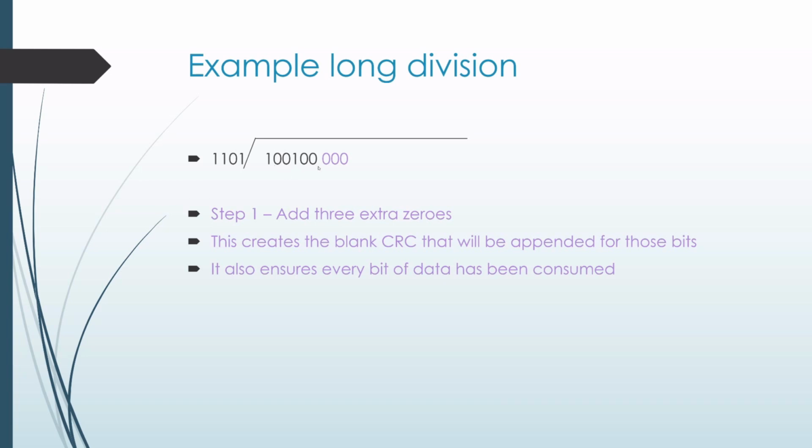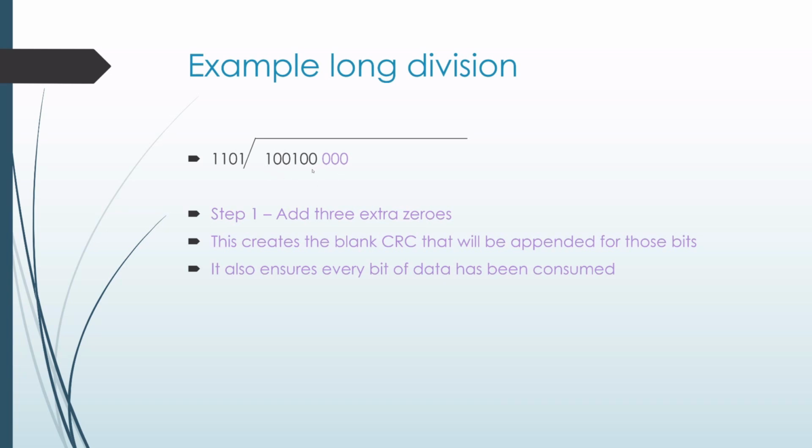Now in this example, we keep this as the message. What's in black is the message polynomial, and what's in purple is the extra 3 zeros that we pad. Remember that the CRC is going to be 3 bits. By convention, the way you run this through the serial equation is that you append these 3 zeros, and then you compute the CRC.